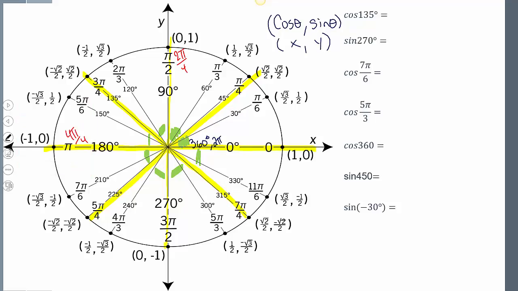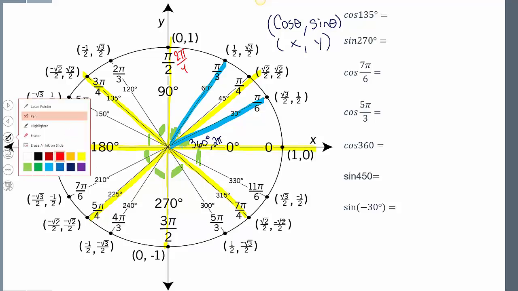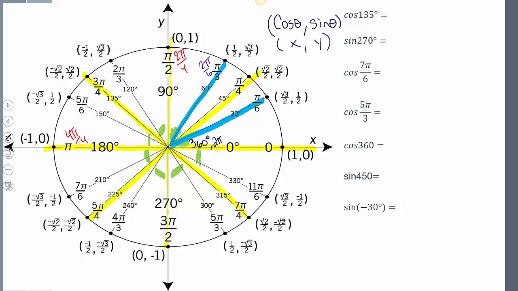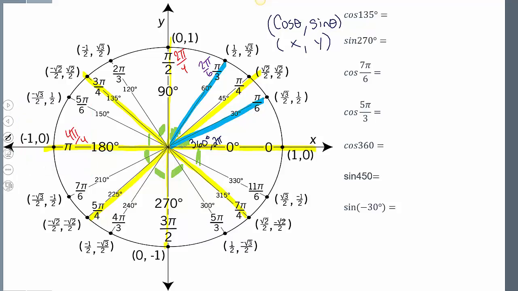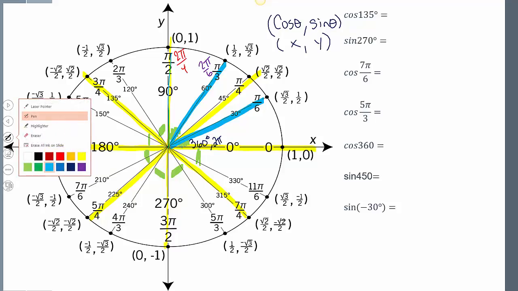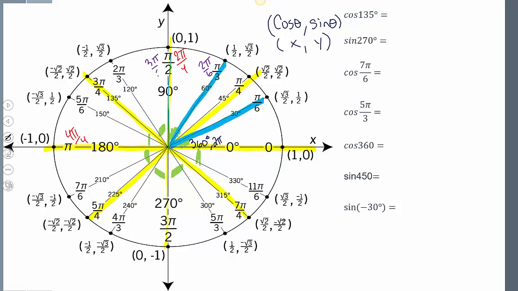The next thing that it gets sliced into is sixths. So here's 1/6, 2/6, and so 2 pi 6 reduces into pi thirds, and then this is going to be 3 pi 6, but 3 pi 6 reduces into pi halves, and so now we have 4 pi 6, 5 pi 6, 6 pi 6, 7 pi 6, 8 pi 6, 9 pi 6, 10 pi 6, and 11 pi 6.